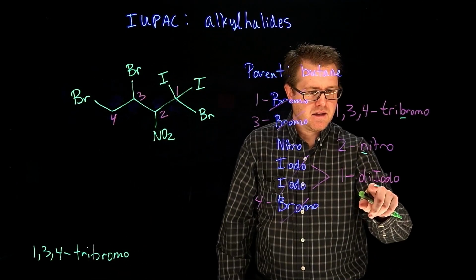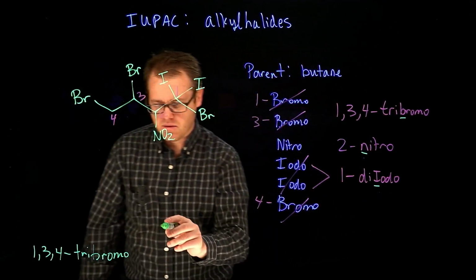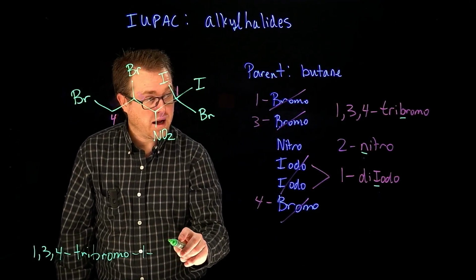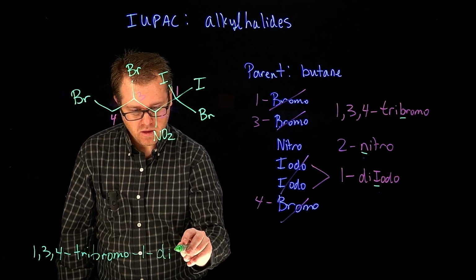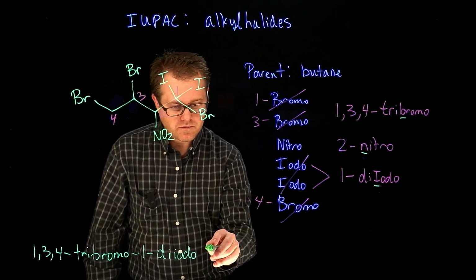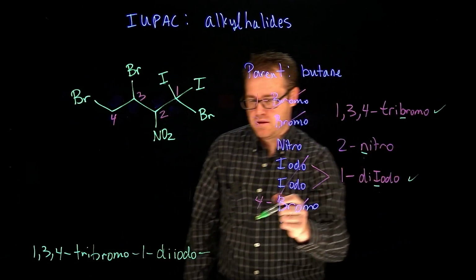What's next? I over N. I believe that's right. 1-diiodo. So we got that one, and 2-nitro.